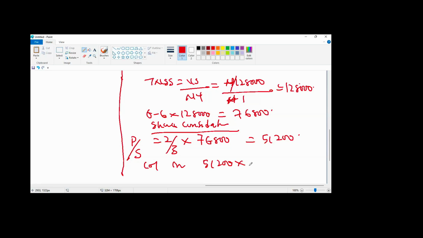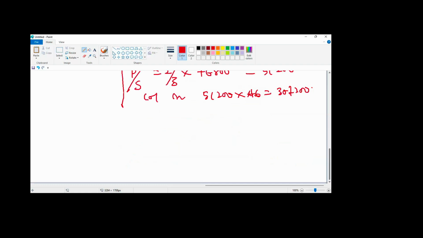What is the market price per share of the parent? 6. Cost of investment: 51,200 times 6 is 307,200. Equity shares must be credited.